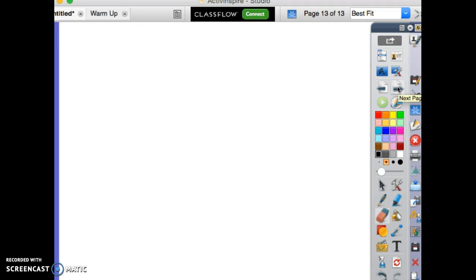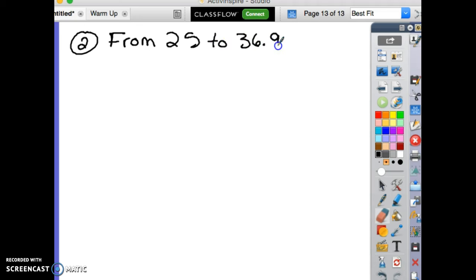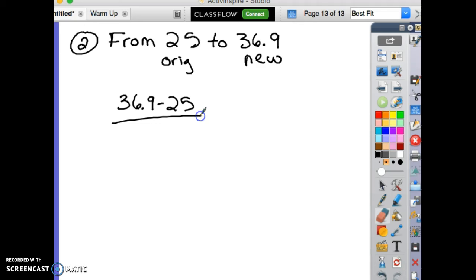Okay, let's look at number 2. So number 2, I'm just going to subtract. So we're going from 25 to 36.9. So this is my original, and this is my new. So I'm actually going to do new minus old because this is larger. So 36.9 minus 25 divided by 25.